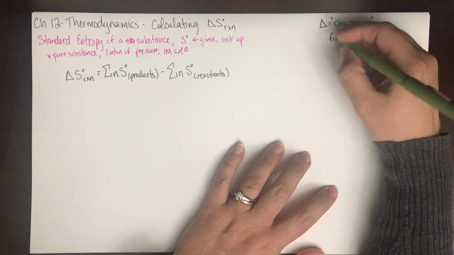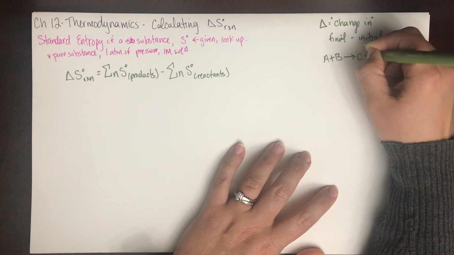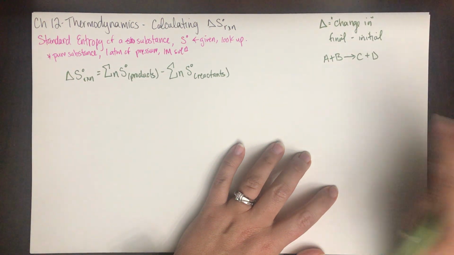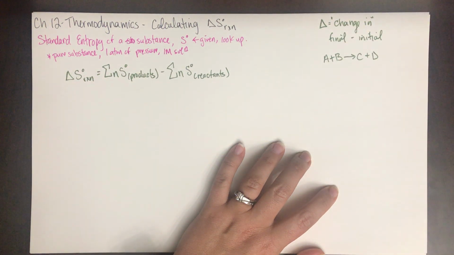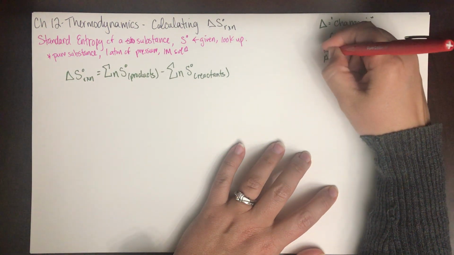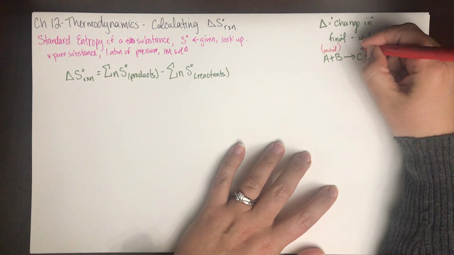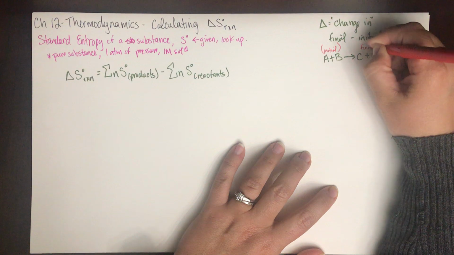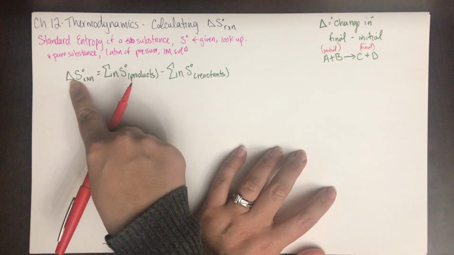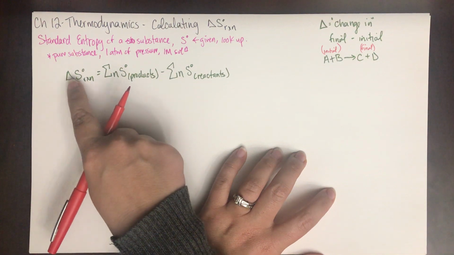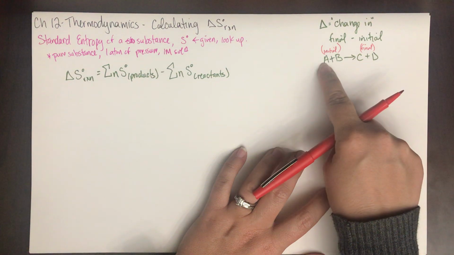Because if you look at a chemical reaction, I'm just going to say A plus B gives you C plus D. The initial situation, over here are the reactants, and the final over here are the products, which is why whenever you're solving for the change in a chemical reaction, it's always final minus initial.